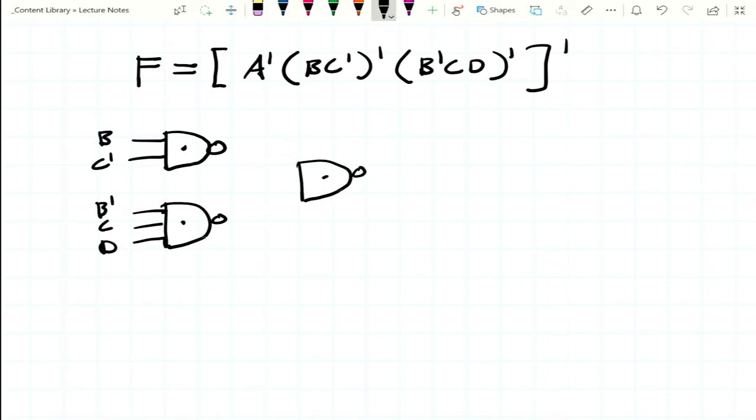This is much better. Takes its input from the first two and A prime, and that result is still equal to F. And remember, it's still F because we took the inversion twice, which by the involution law says that we get to keep F.